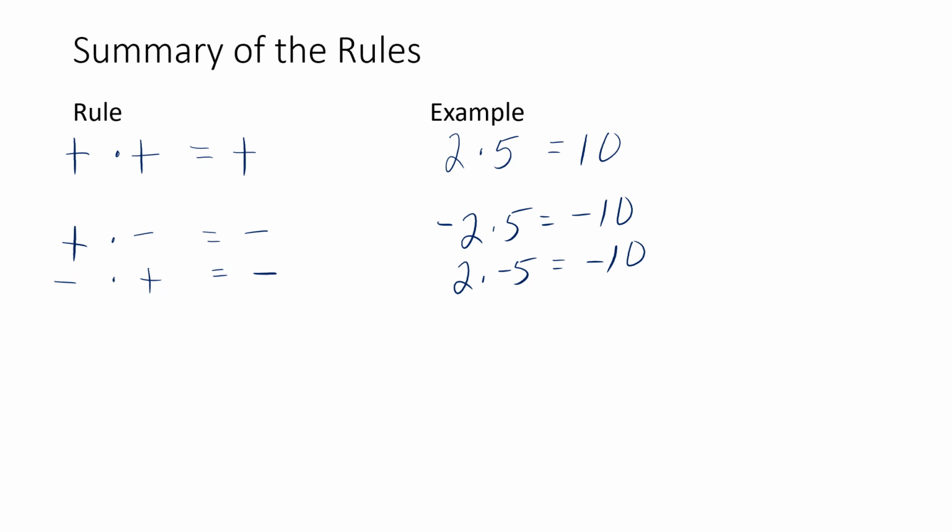And now here's where it gets a little weird, but if you have 2 negatives multiplied together, then you end up with a positive. And so a -2 times a -5 gives you a +10. Okay, and so a negative times a negative does give you a positive, and you've seen that reasoned out a couple different ways.